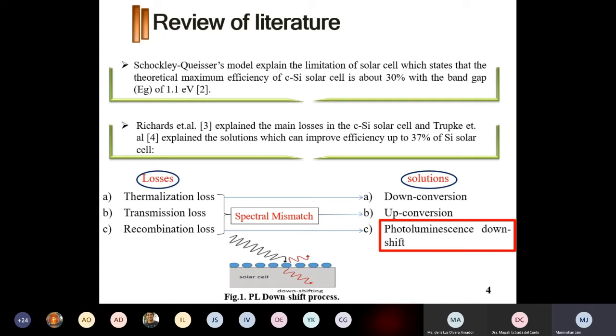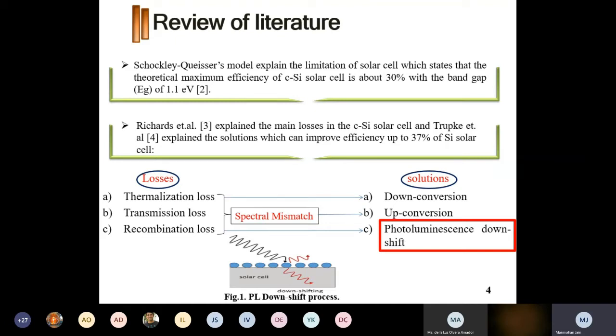According to the Shockley-Queisser model, the maximum efficiency of a solar cell is only 30% if the band gap is 1.1 electron volt. Another research group, Richard et al., explained the main losses in crystalline silicon solar cells, which are thermalization loss, transmission loss, and recombination loss. And Trupke et al. explained the solutions of these losses, with the help of which we can improve the efficiency of solar cells up to 37%.